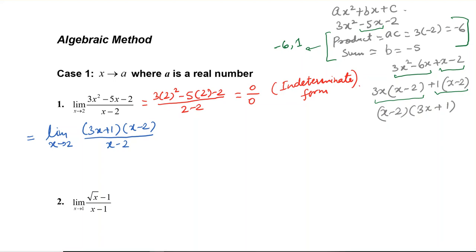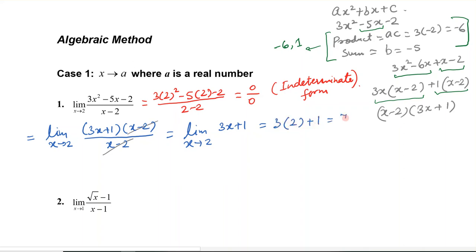Now we notice that when we factorize it, this was the troublemaker factor which got cancelled out. This is the one which was making 0 on the top and 0 on the bottom. We are left with the limit as x approaches 2 of 3x plus 1. Let's reevaluate our limit again and see what we get.